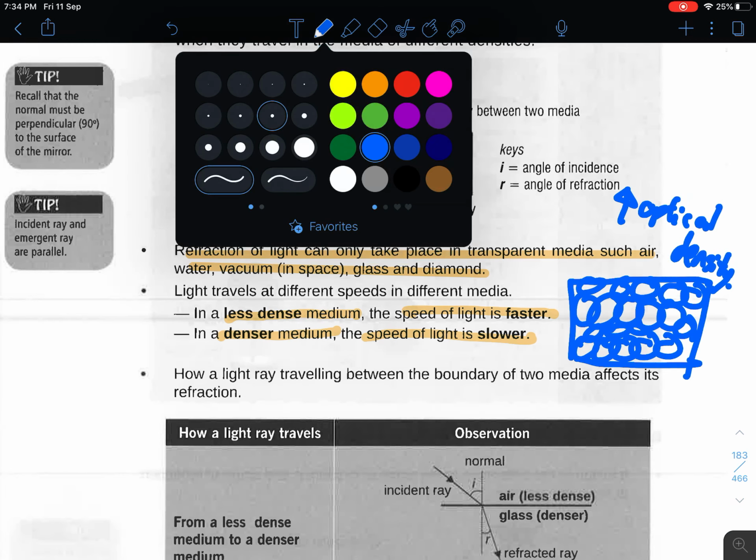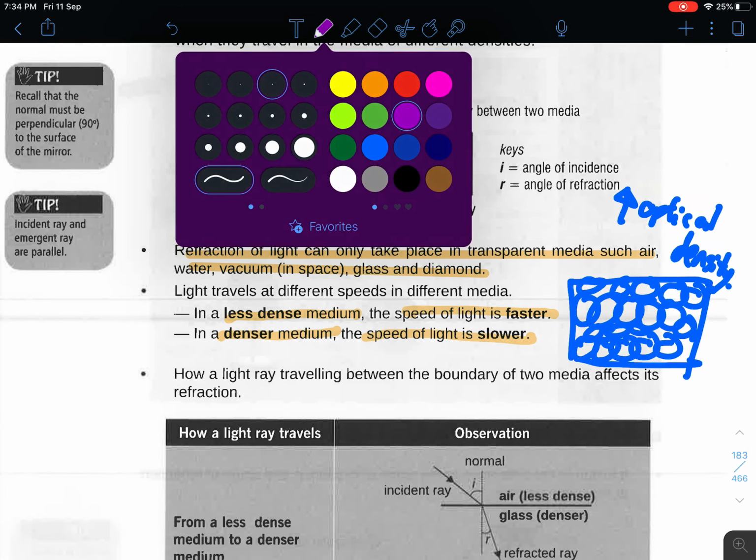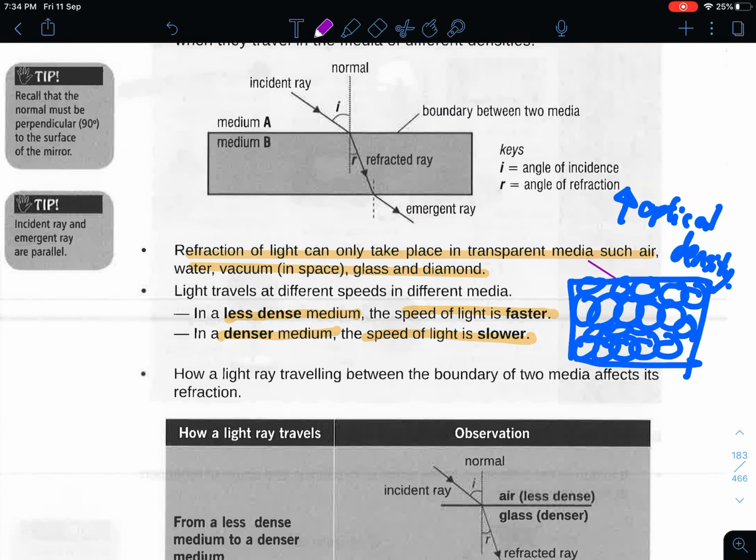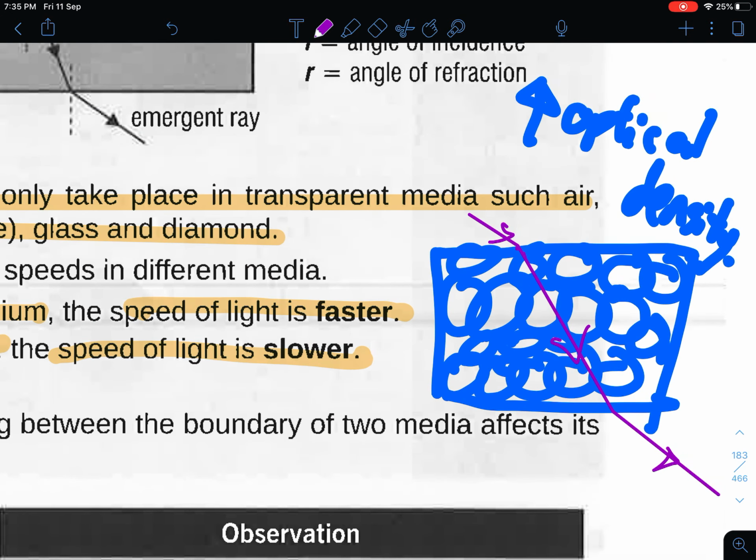When light penetrates through it, there is a lot of resistance to move into it. It tends to slow down, as if the particles are forcing it to slow down even further. This will result in your light bending towards the normal. So imagine, rather than moving in a straight line, the light curves towards the side.